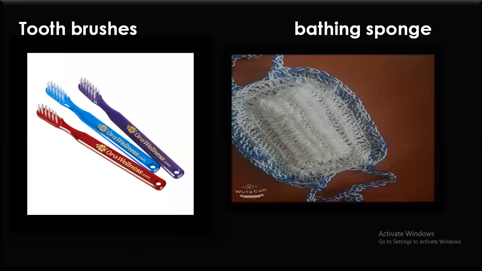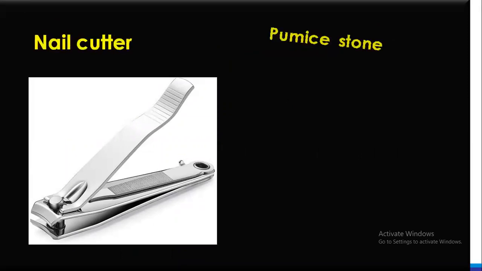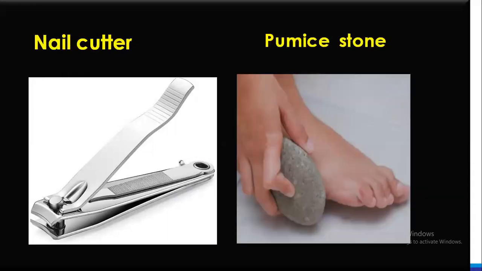Then we have a bathing sponge. These ones are in so many categories depending on the preference. The one you see on the screen is what we call the nail cutter, and that's the spelling. And then on my right, we have what you call the pumice stone. That one is basically used to scrub the soles of our feet.